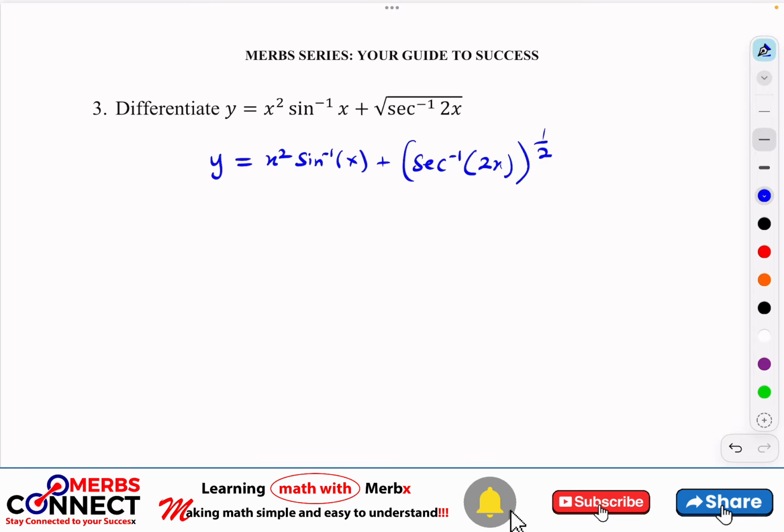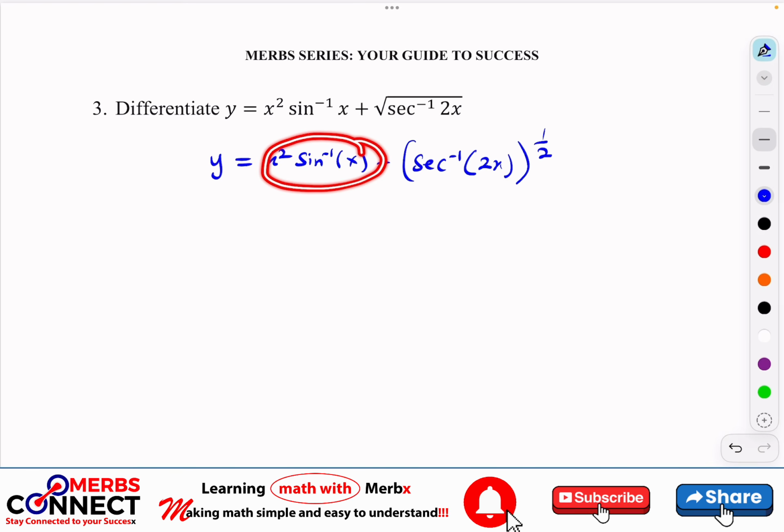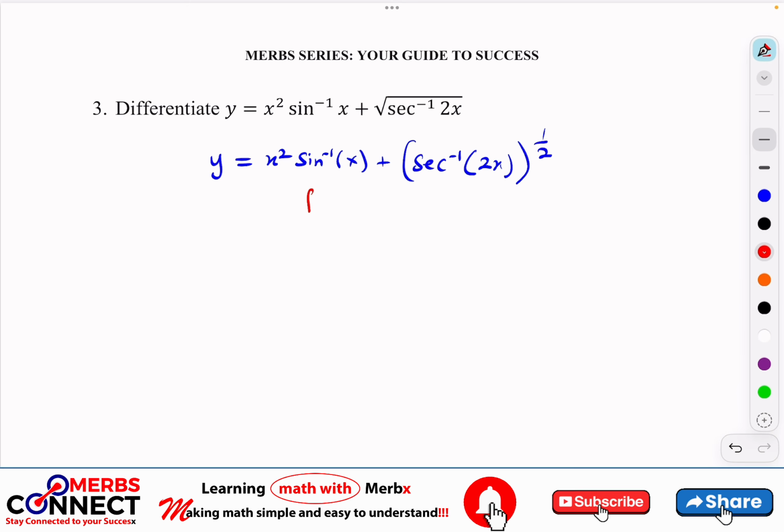Okay. Now, I just brought in one of the functions that we did. So remember when we differentiate secant inverse, right? So the first term here is product rule. So let's work with the first term, right? So let me assume that this first term here is f and this second term here is g, right?